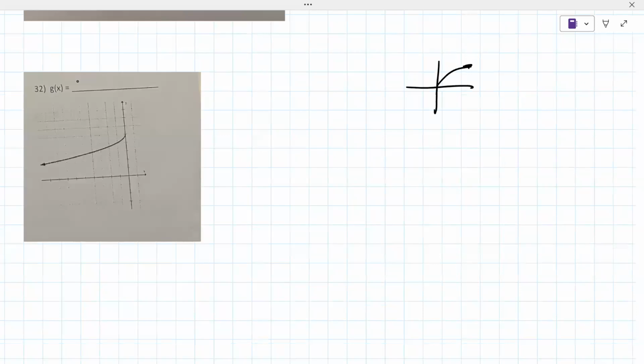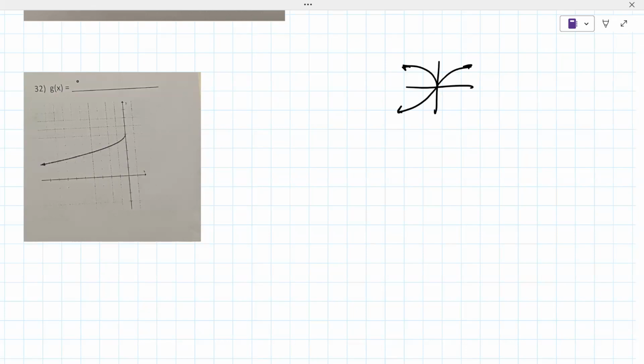Right, like normally it's going this way, and you can see it's flipped one direction and then the other. So give that a try. Let me know what you come up with.